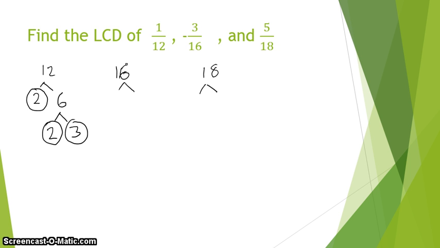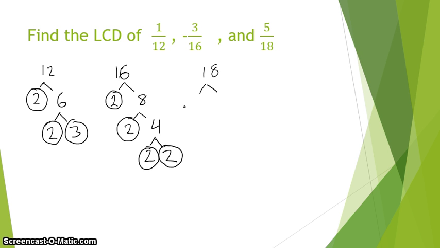Then 16: I can divide by 2 and get 8, divide 8 by 2 and get 4, and then divide by 2 again, and they're all prime numbers. Then 18: I can divide by 2 and end up with 9, and 9 is just 3 times 3.